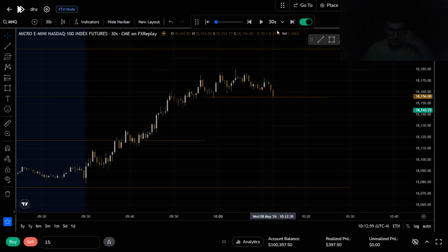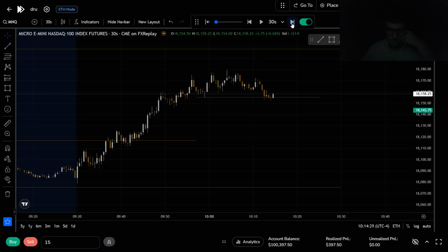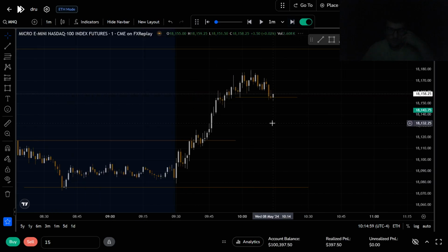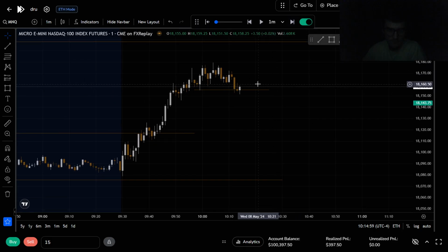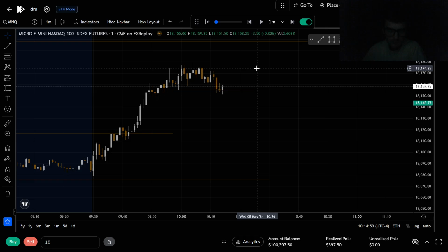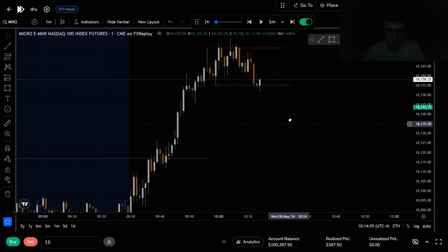It is about to get dicey. Oh, I love and hate these type of trades. So we did close above and close below that range right there.